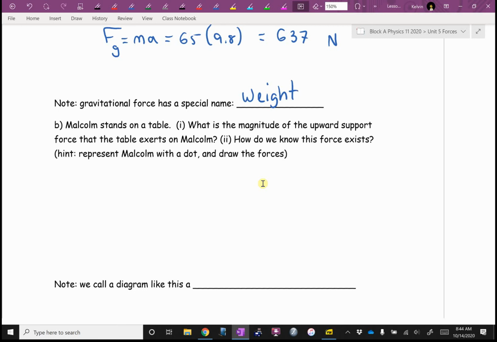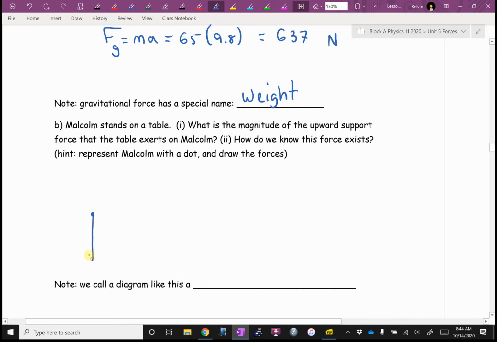Now, is he accelerating? So that means the forces must be, I'm looking for a word that starts with letter B, must be balanced. And so we're going to represent Malcolm with a dot. You'll get this in just a second. What are the forces acting on him? Get the obvious one, the one we just calculated in part A. Which way?